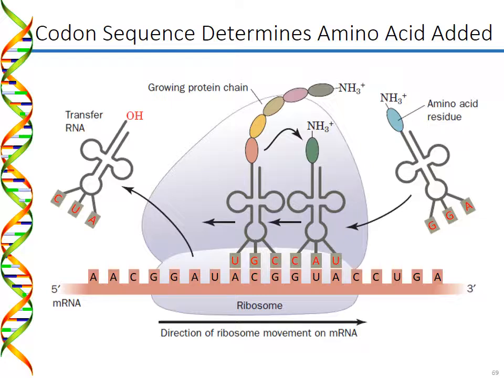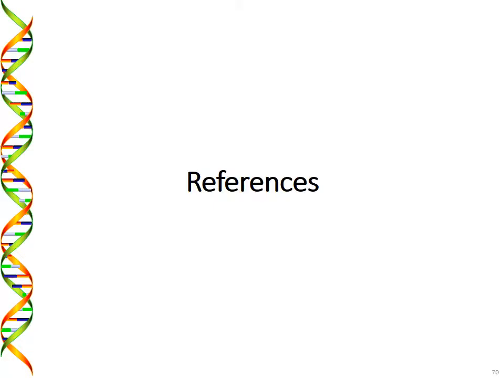That will occur in the A site once the ribosome moves over, and again the empty tRNA, once it moves over, that is currently in the P site, will then be in the E site and will exit the ribosome.